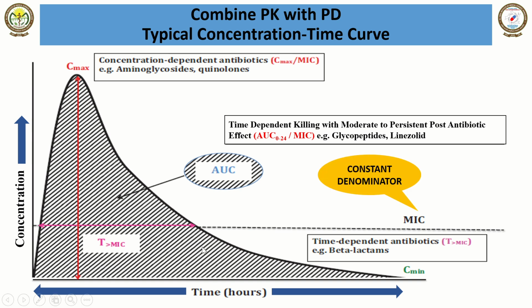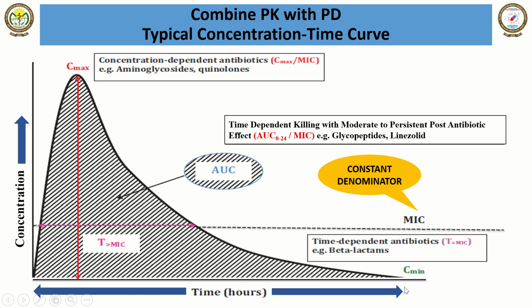So ultimately, in all these cases they have a constant denominator, that is the MIC. So how do we measure the signature, or the PKPD index, for these antibiotics? The concentration dependent antibiotics have a PKPD index called the Cmax to MIC ratio. The time dependent antibiotics have the fraction of time when the concentration is above the MIC.